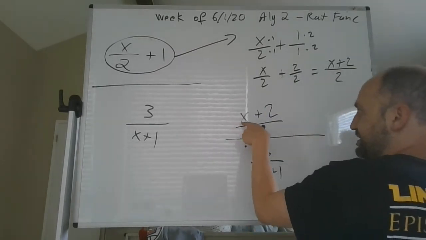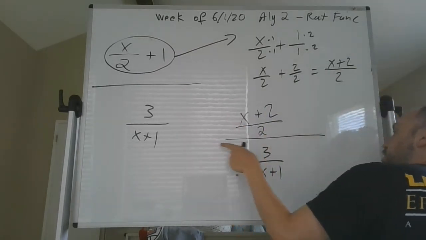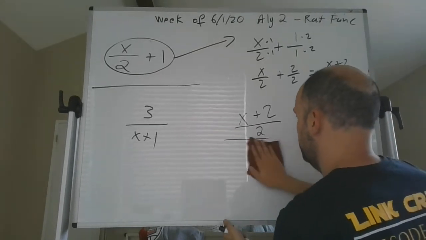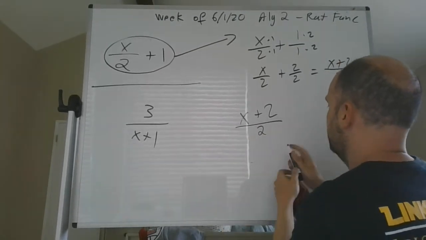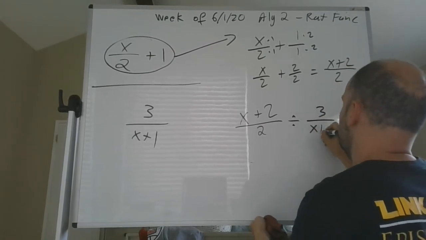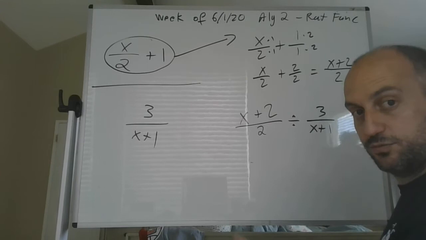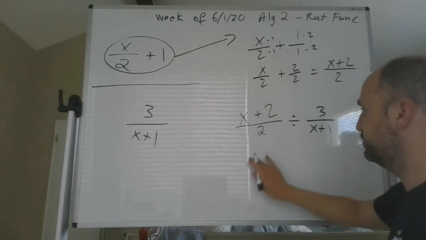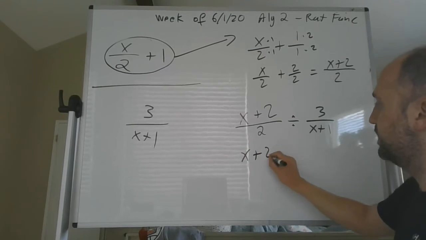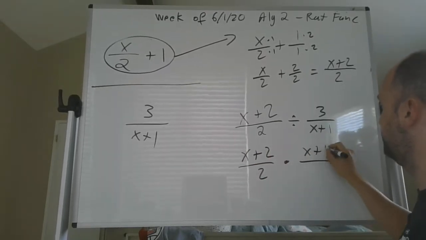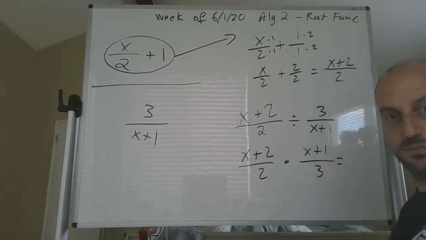Instead of writing it as x plus 2 over 2 over 3 over x plus 1, I'm going to write it as a division problem, divided by 3 over x plus 1. Now, based off the second problem we did, division is keep, change, flip. Let's do it. Keep, change, flip. And now it's just a matter of multiplying.